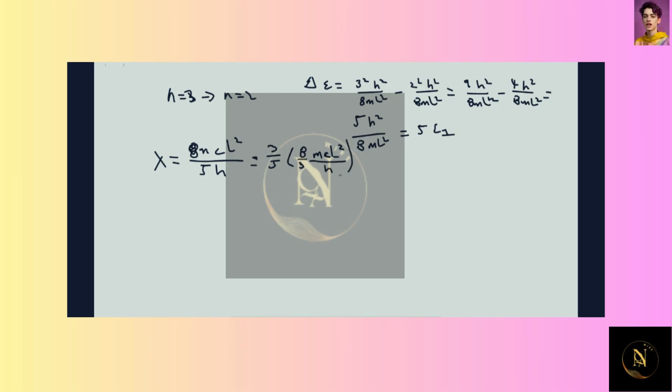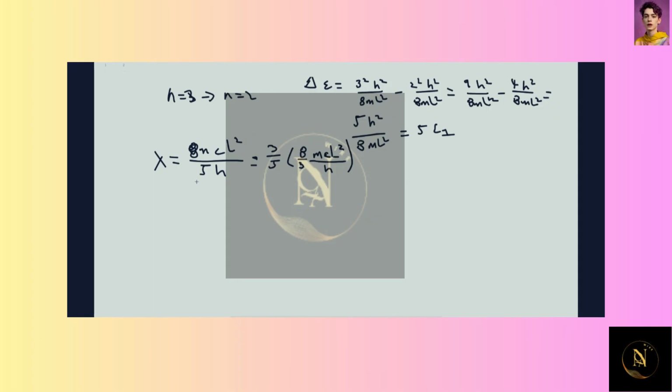So for the third to the second transition, from the second excited state to the first excited state, the wavelength is 3/5 of the wavelength from the first excited state to the ground state. So that's what this is here.